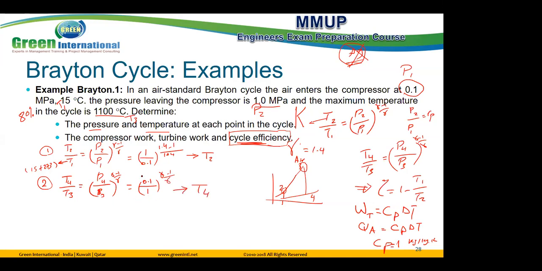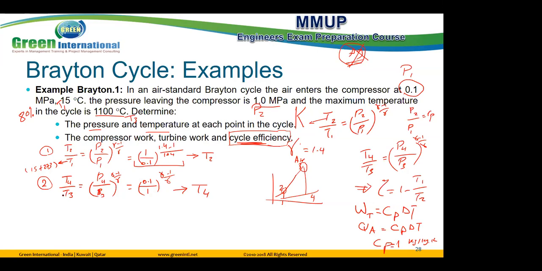Another way: if you calculated the previous one in one step, we can use it here again, but just reciprocal, T3 divided by T4 instead. So from this equation, we calculate T4.